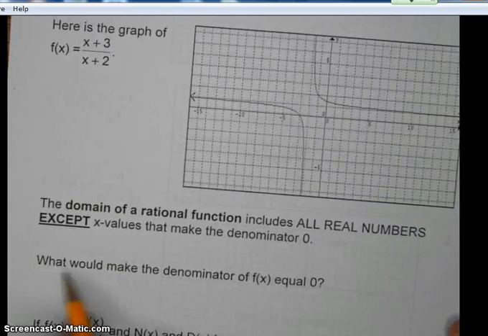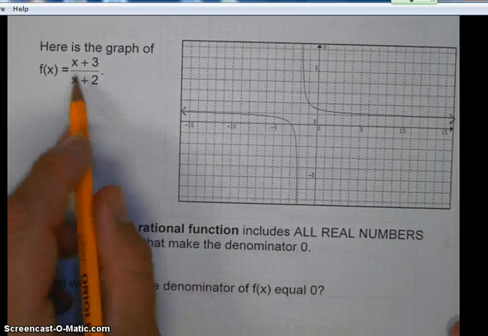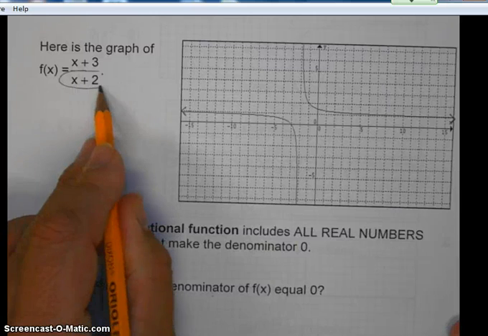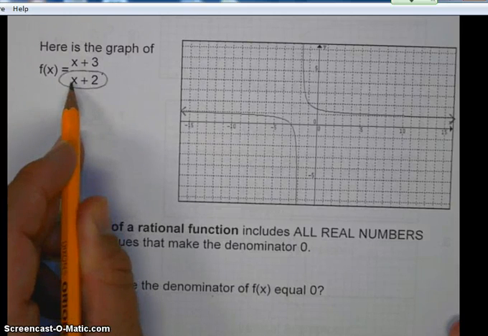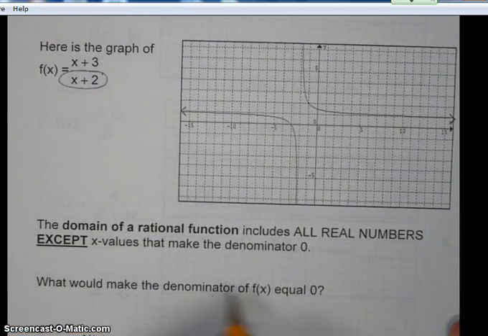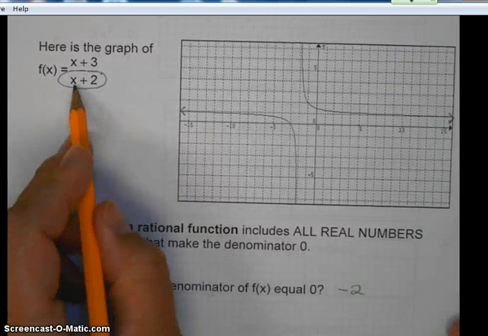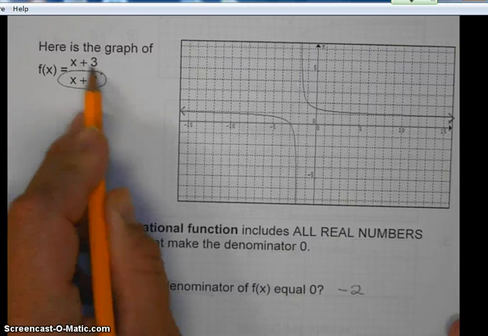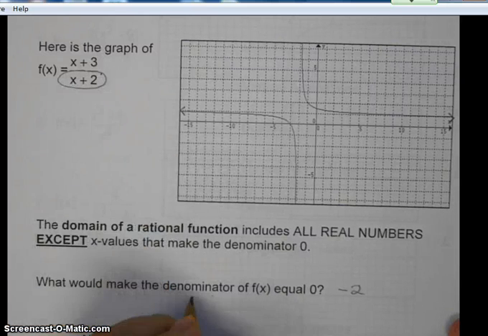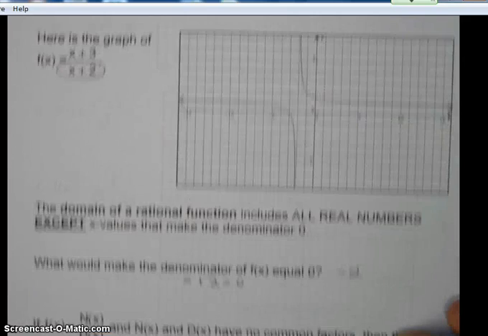What would make the denominator of f of x equal to 0? What do you think? What value of x? Hopefully you said -2. If you can't do that in your head, the math for finding that number would be to take the factor, set it equal to 0, and then solve for x.